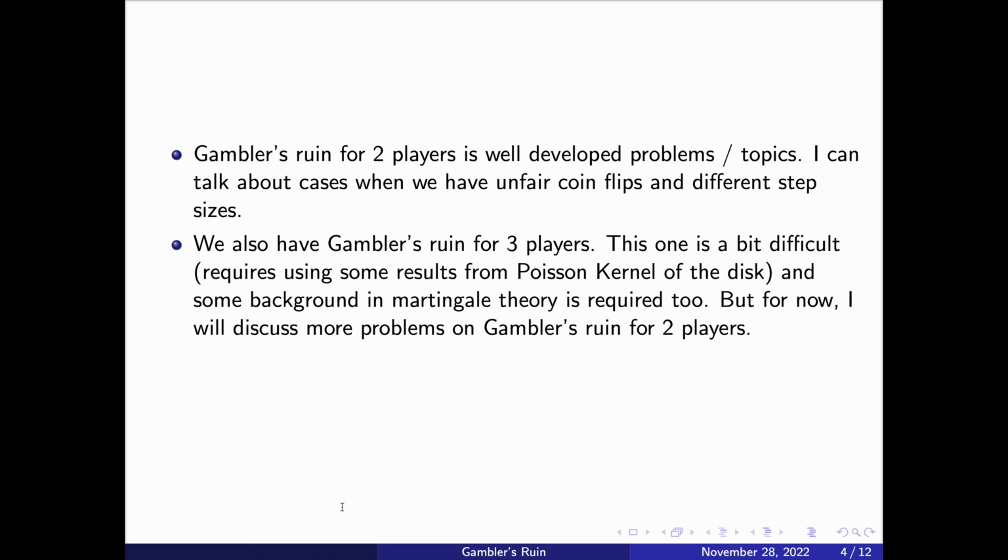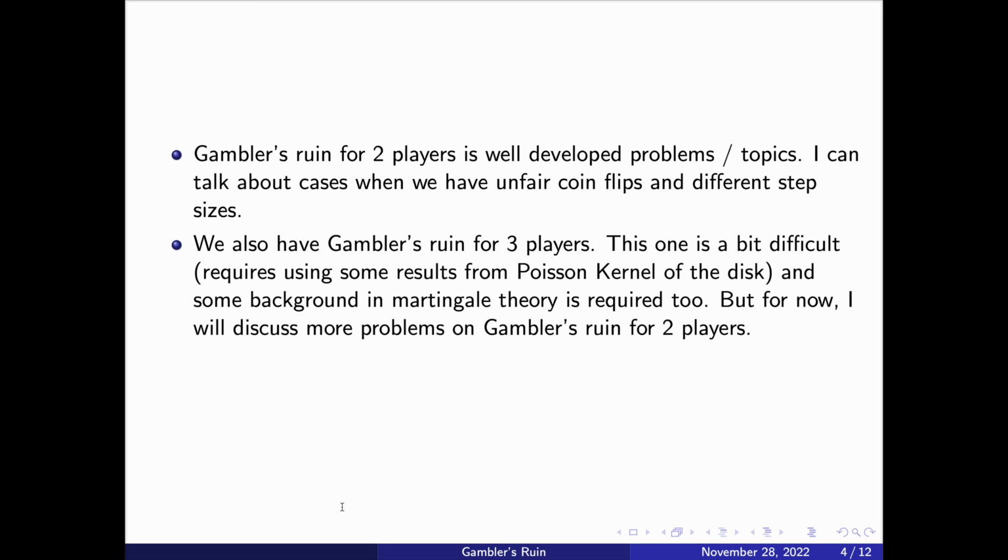So Gambler's Ruin for 2 players is a well-developed problem. I will talk as much as I can about the bunch of variations of this problem. We also have a Gambler's Ruin for 3 players. This one is a bit difficult because you do need to know some martingale, and solving this requires using some results from the Poisson kernel of the disk.